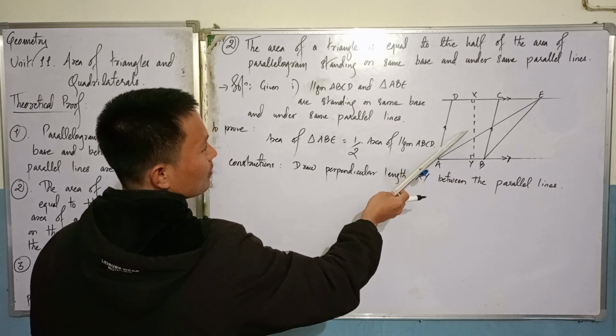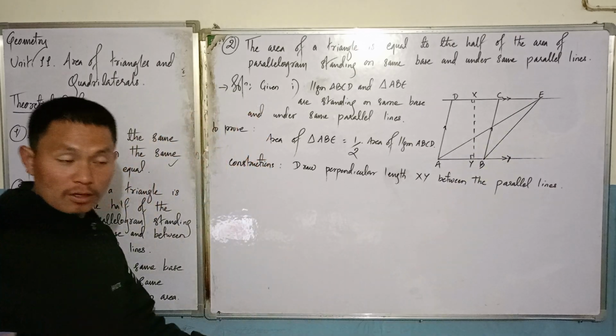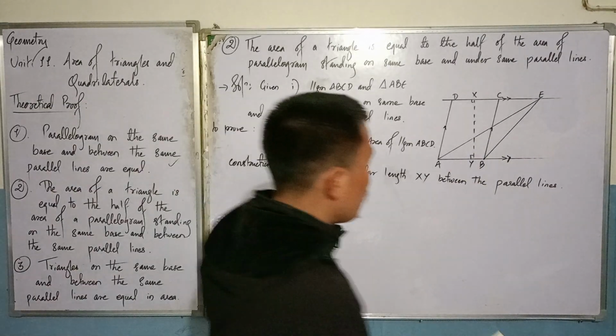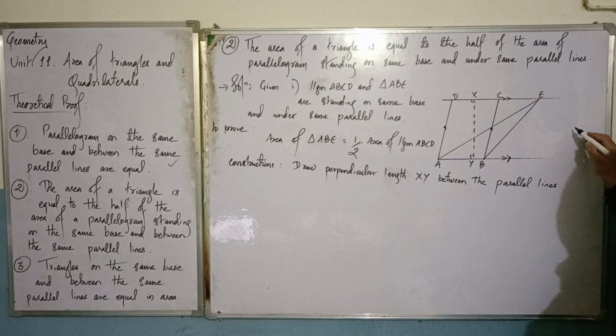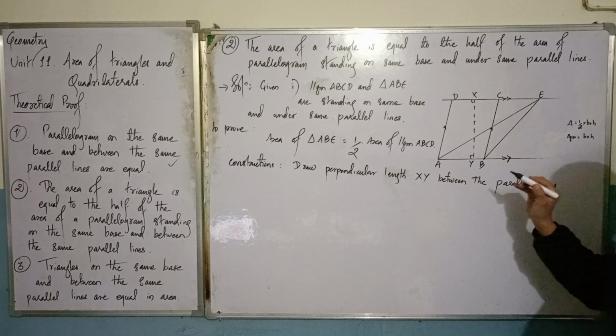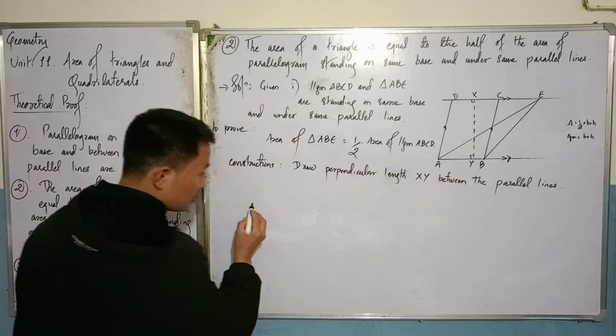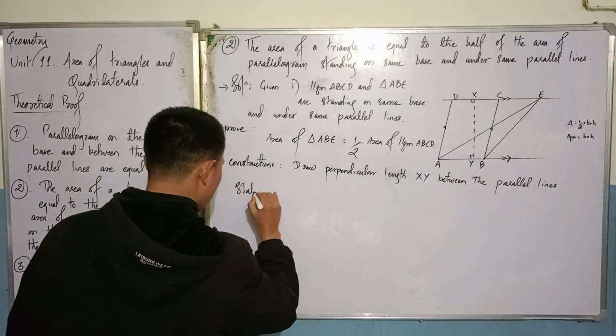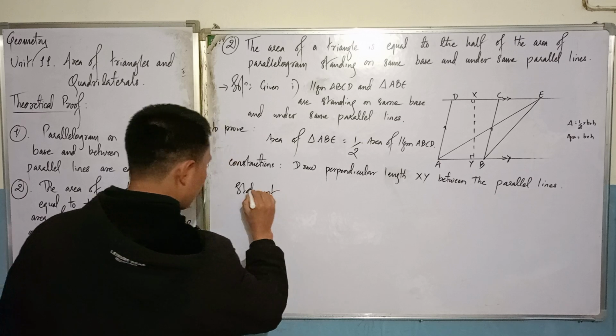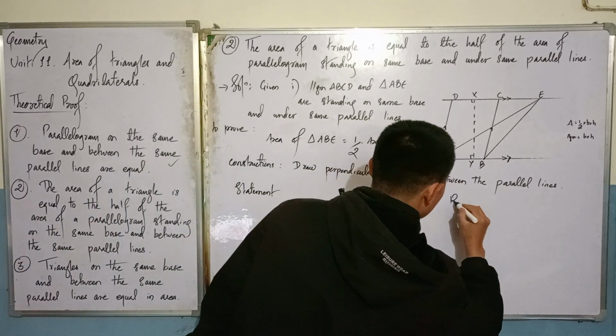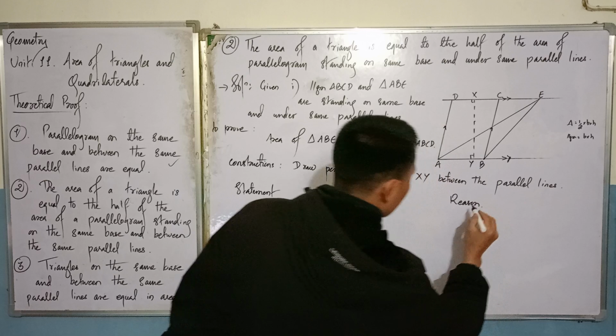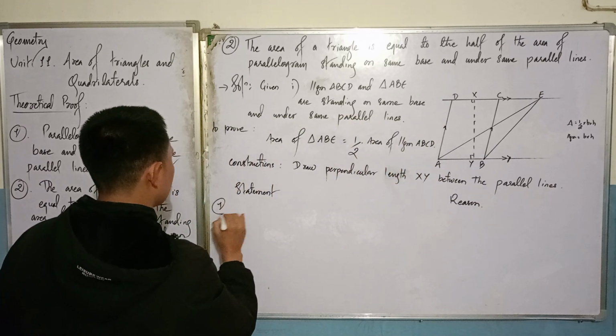As I already mentioned earlier, area of triangle is given by 1/2 base into height, and area of parallelogram is given by base into height. So we'll be using these formulas in order to prove this. Now just write a statement and reason.